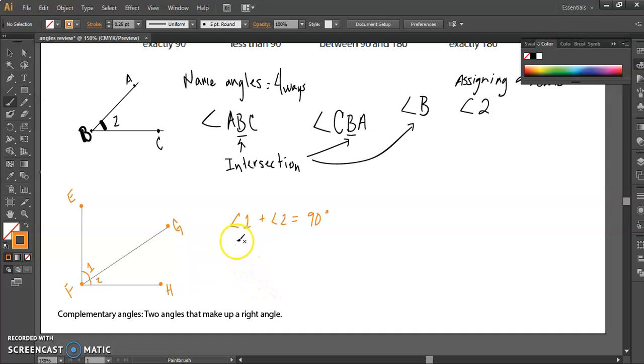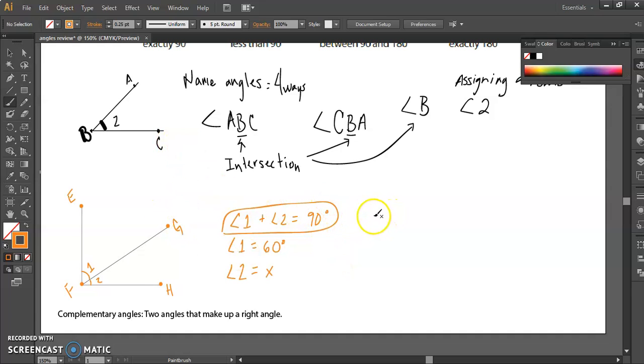So if I know the value of one angle, let's say that angle 1 is equal to 60 degrees, but I don't know the value of angle 2, okay? So what I can do is I can use this formula right here to substitute my values, and I can find my value for angle 2.